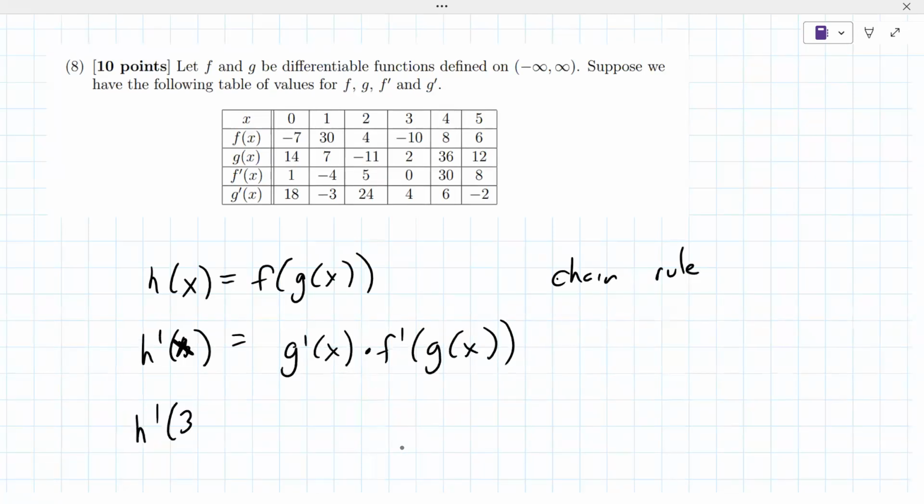Now you're going to find h prime of 3. Okay, so g prime of 3. So 4 times 120?